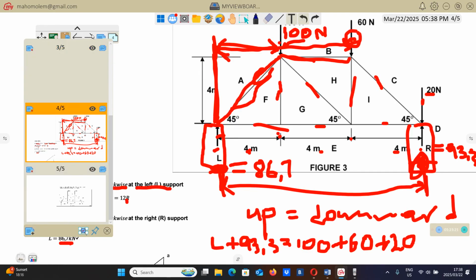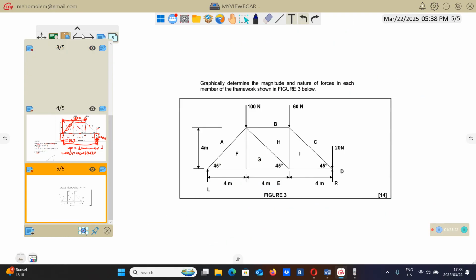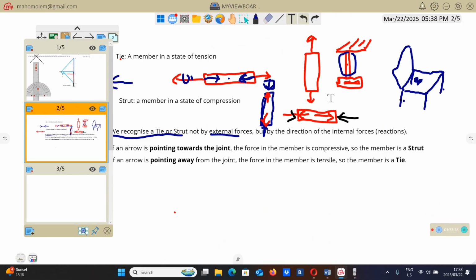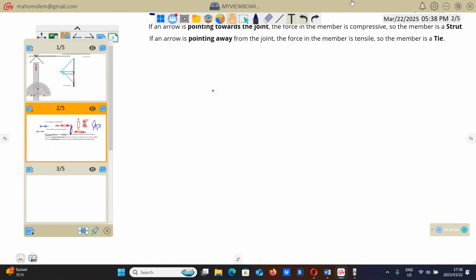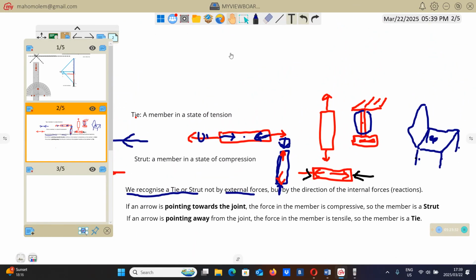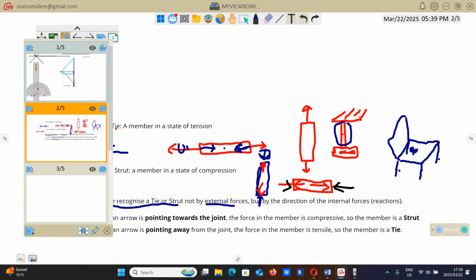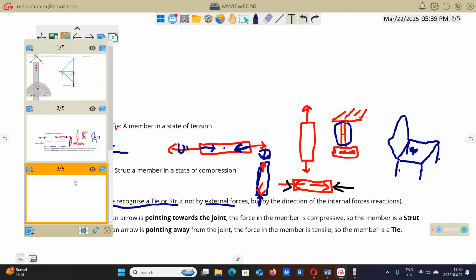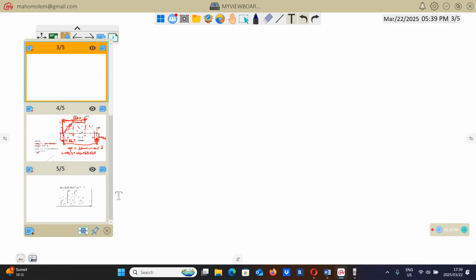It doesn't want to appear. Oh, I had a certain slide here with the memorandum and answers.